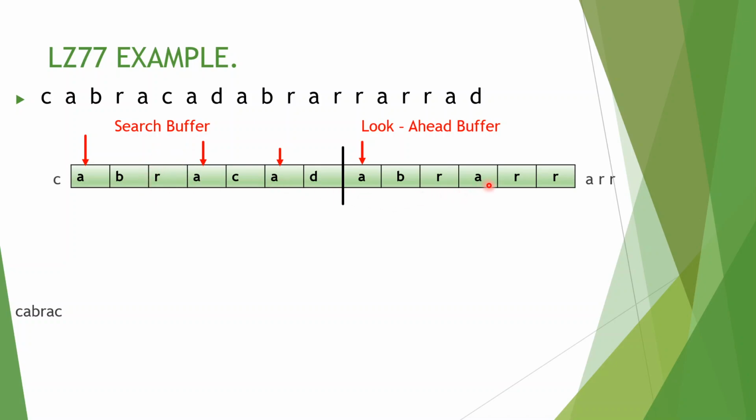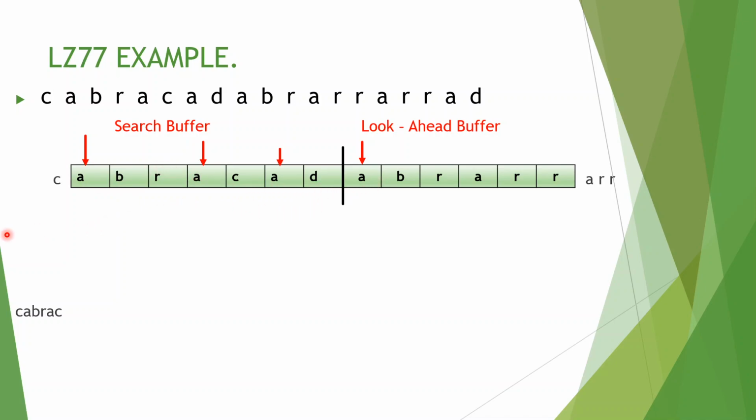Now after that, A. A is matched with this search buffer symbol, yes. So here next is R. After A, is R there in the search buffer or not? No. So we only match the consecutive symbols of the look ahead buffer to the consecutive symbols of the search buffer, which are A B R A. In the search buffer, A B R A.